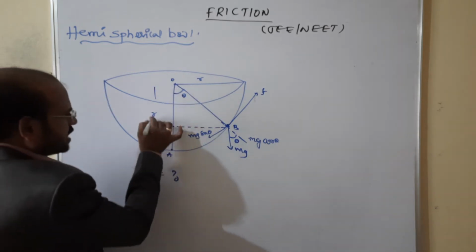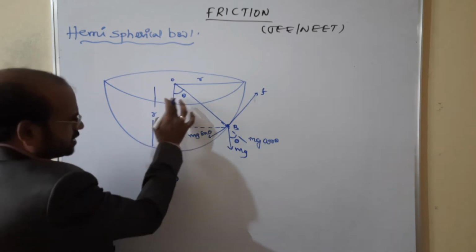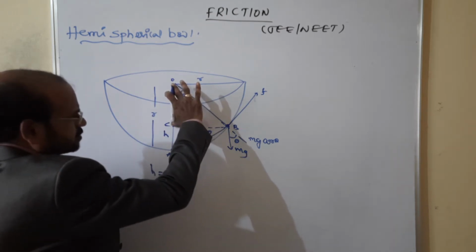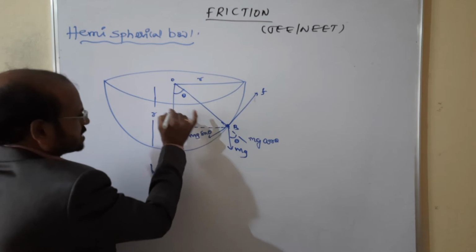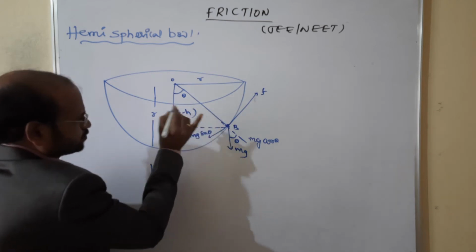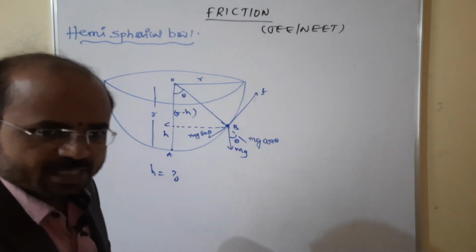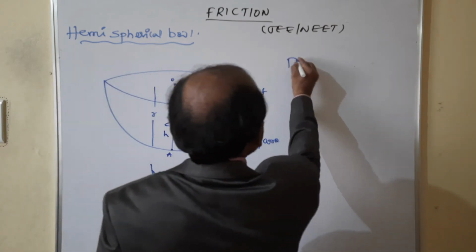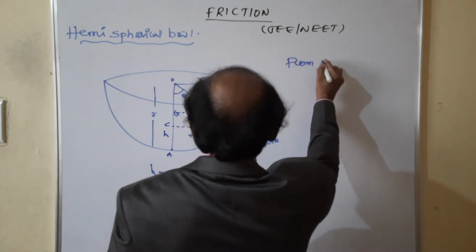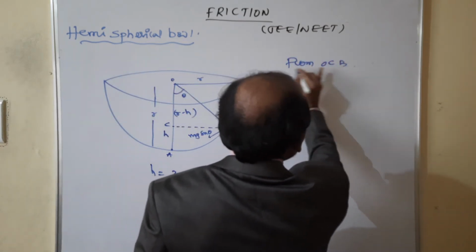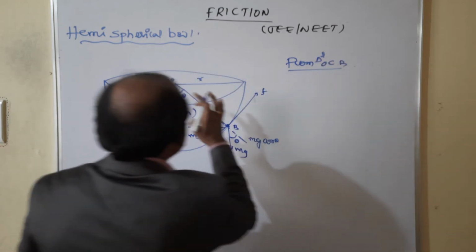I said here the radius is r, no? Then OC becomes r minus h, where r is the radius of the hemispherical bowl. Now take the triangle OCB.